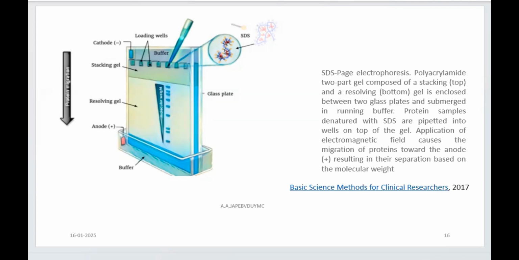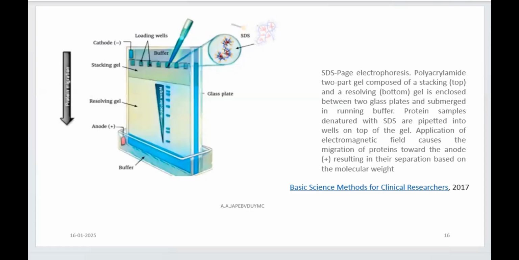So the loading buffer and the stacking gel are going to be important in concentrating the sample in the stacking gel. When the current is switched on, all the ionic species will migrate at the same speed. Otherwise, there would be a break in the electric circuit if they don't move continuously.